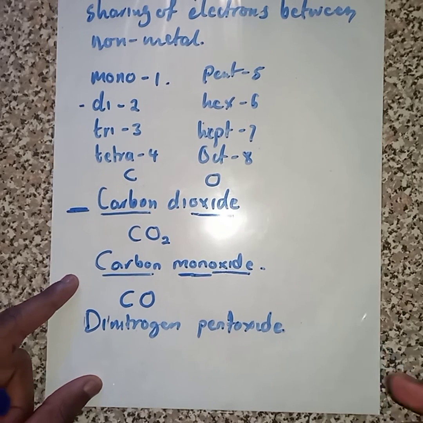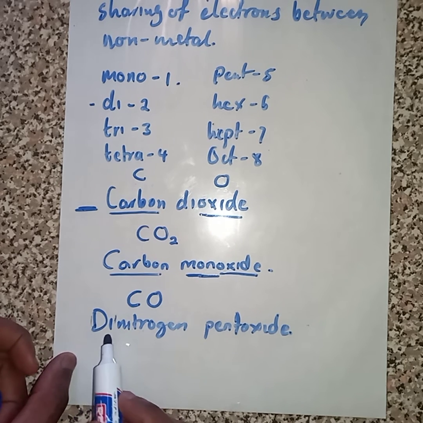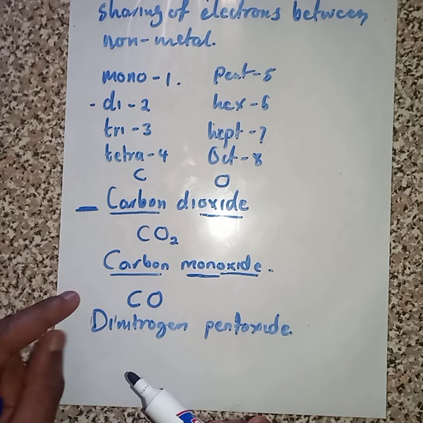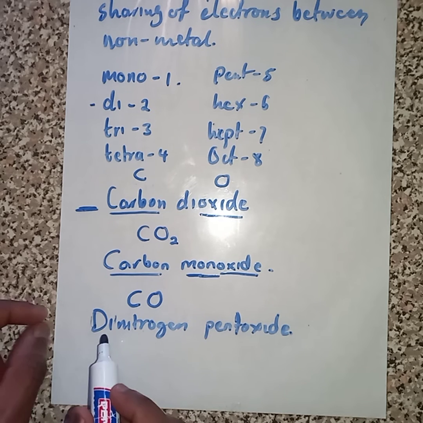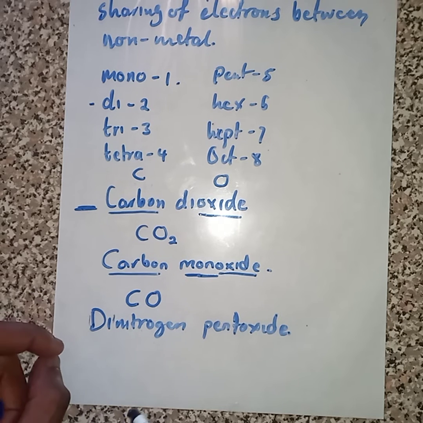How are you going to write this one? From di, it's very necessary to indicate di. But if it was only one nitrogen, we could have said nitrogen pentoxide. Now, because it's two nitrogen, we must write this di.